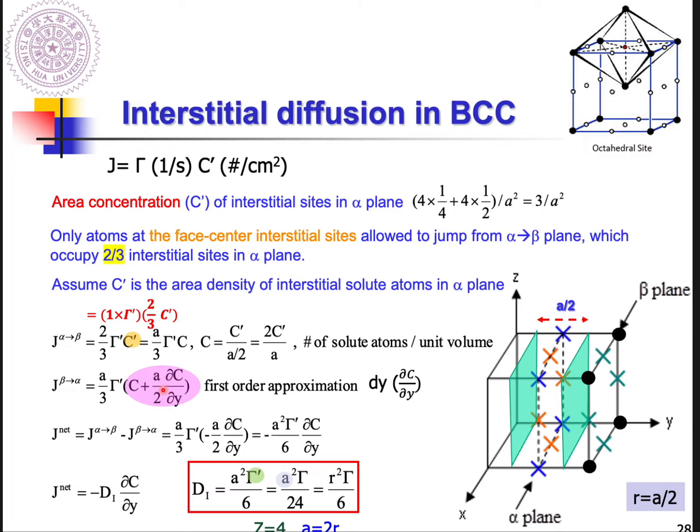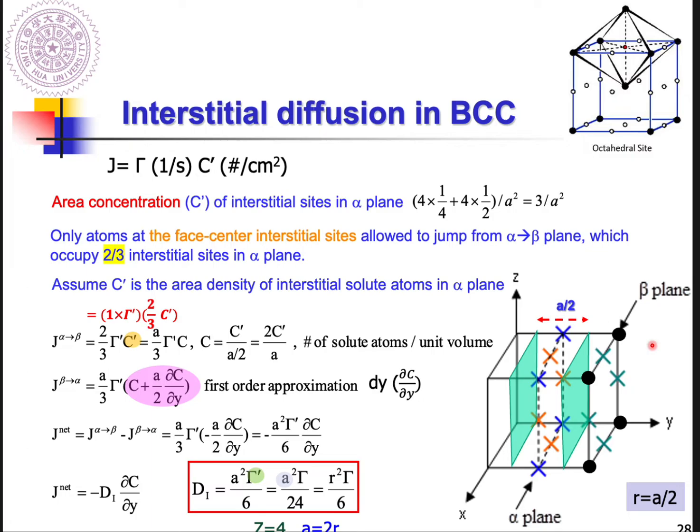If we directly calculate the area density and possible jump directions, then you can directly get a value for flux beta to alpha. But after you use this term minus this term, you are not going to have the concentration gradient term. So that's why we use this to get the expression of concentration of interstitial atoms on the beta plane.